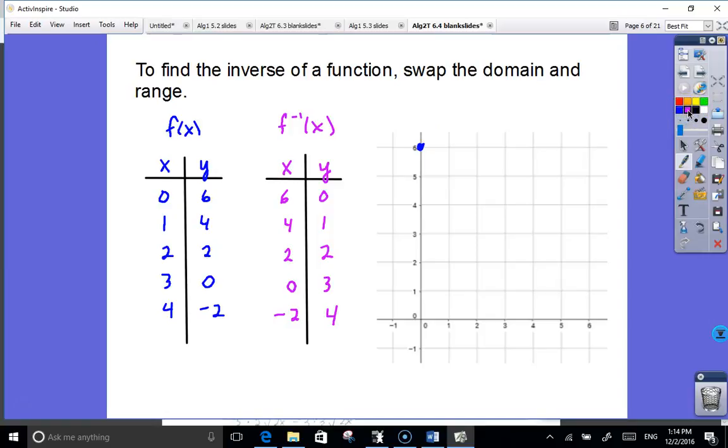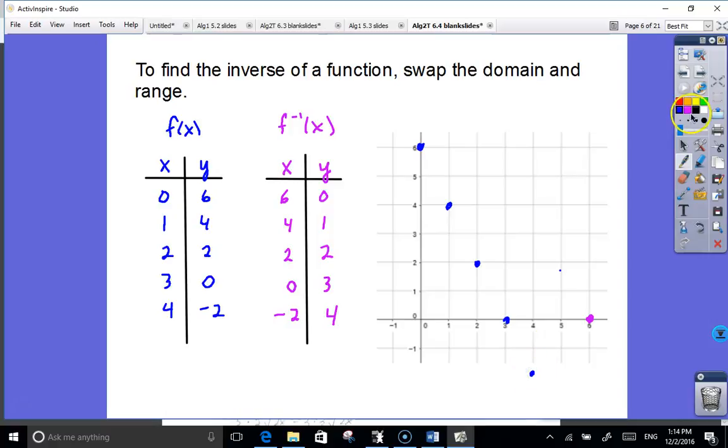It's the x-intercept. Okay, the other points are the same. So 1, 4 would be 1, 4 is there. 2, 2 is there. 3, 0 is there. 4, negative 2, I didn't draw this quite far enough, but it'd be about right there.